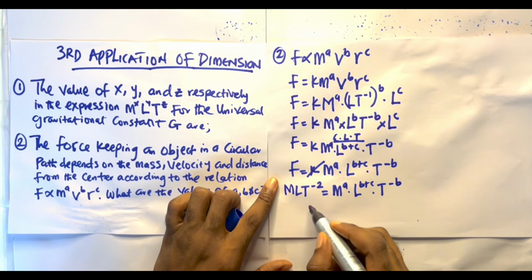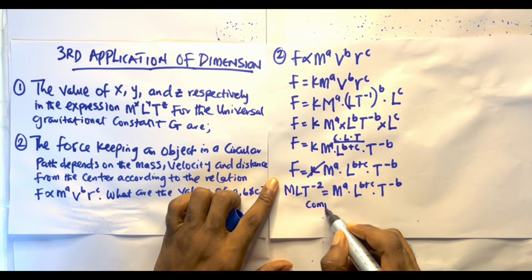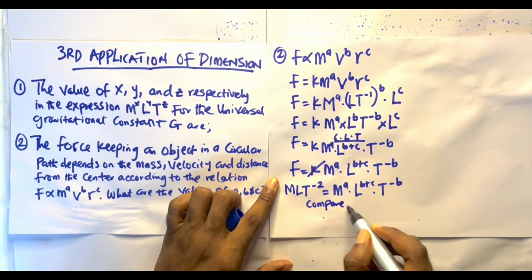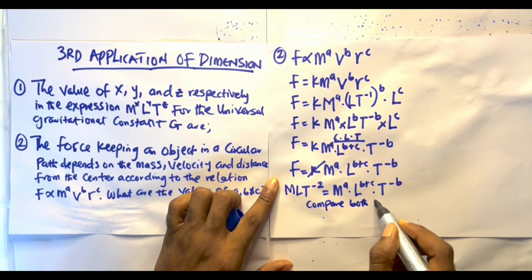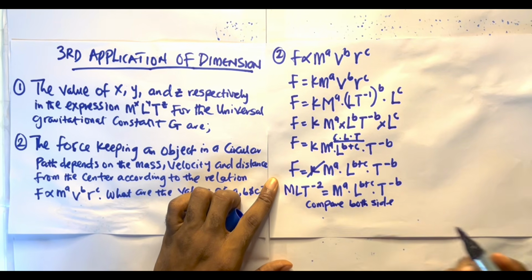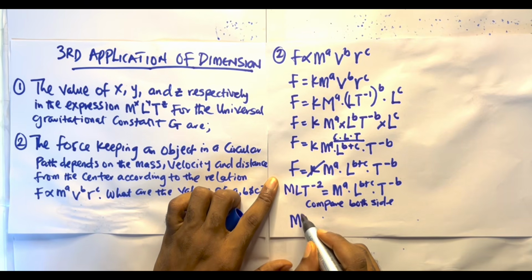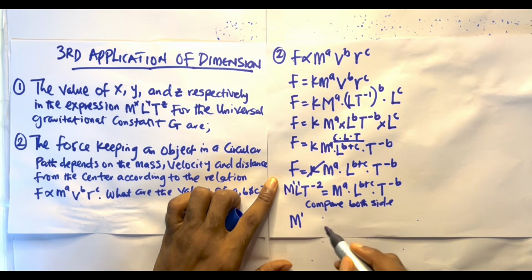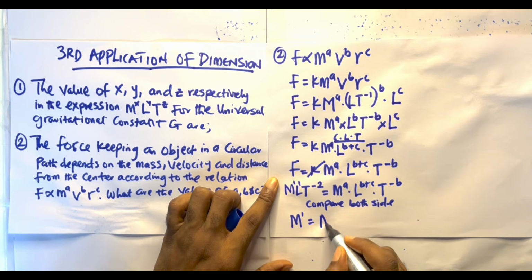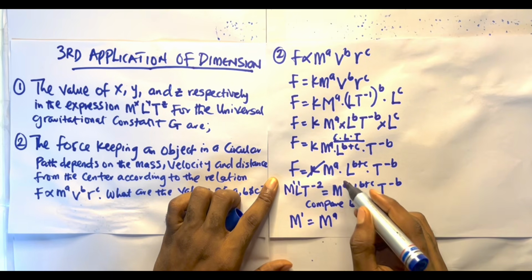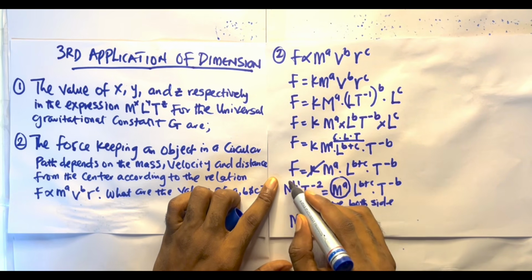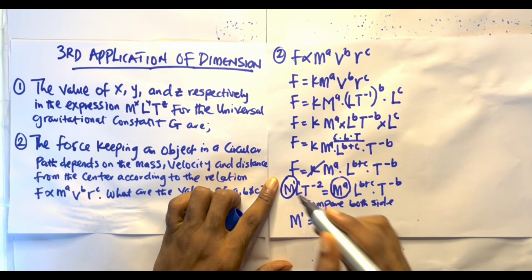So therefore, I'll compare both sides, the right hand side and the left hand side, removing the equations. So therefore, our M^1, there's one here, is equal to M^a. You see, we are comparing all the M to all the M here.